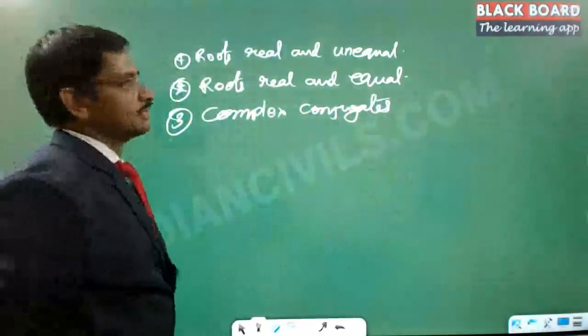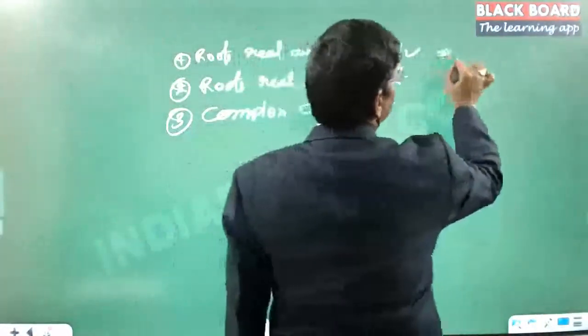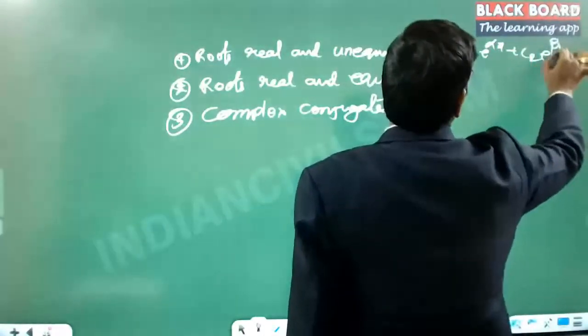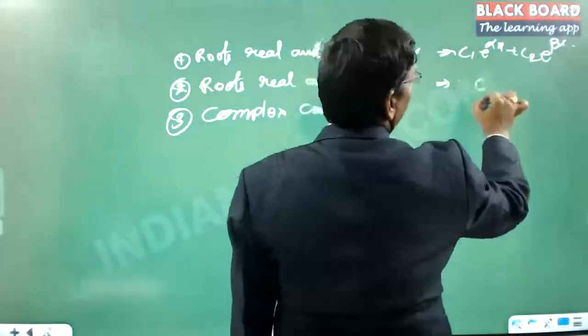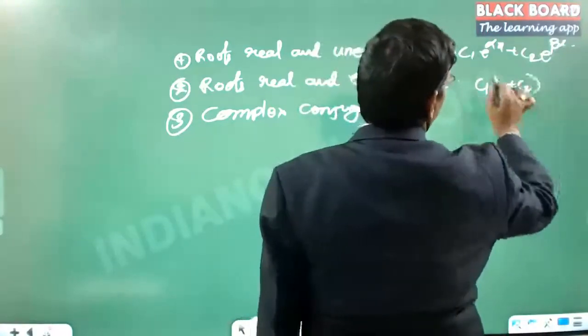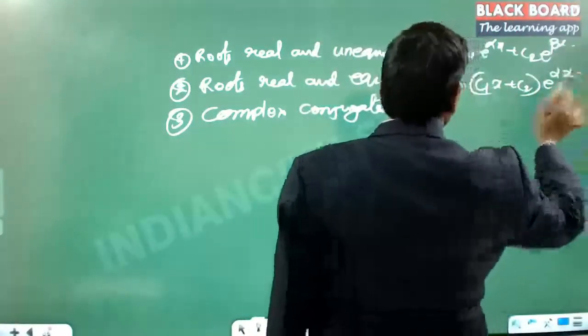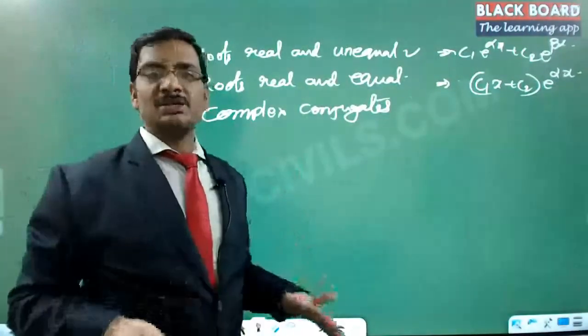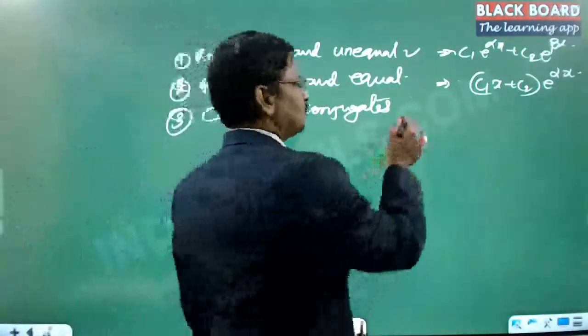Right? So these three variations. The first we proved is c1 e power alpha x plus c2 e power beta x. And here the roots are equal, c1x plus c2 e power alpha x. In the third case, even if it's complex conjugates, these are two different roots.